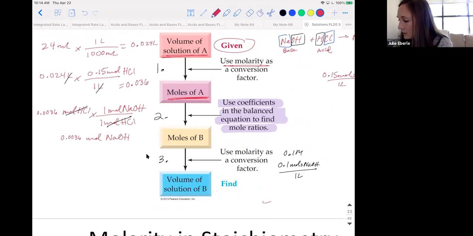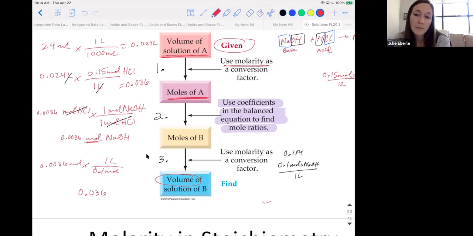So now we're going to use that to convert from moles to a volume, liters. So 0.0036 moles. And for every 0.1 moles, it's 1 liter. So divide this by 0.1, and then you get 0.036.